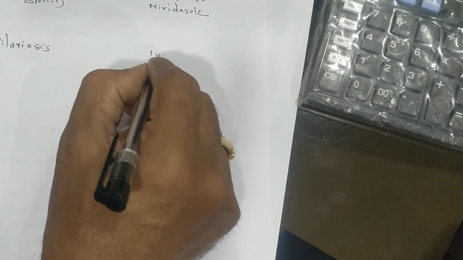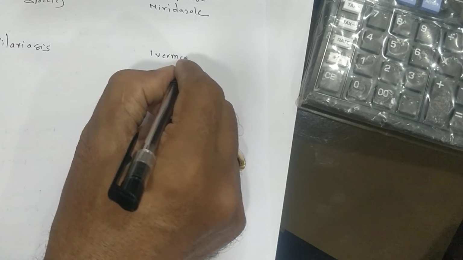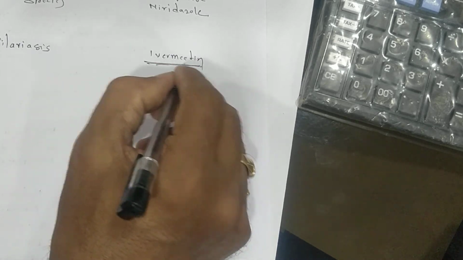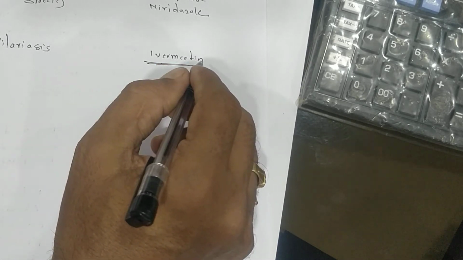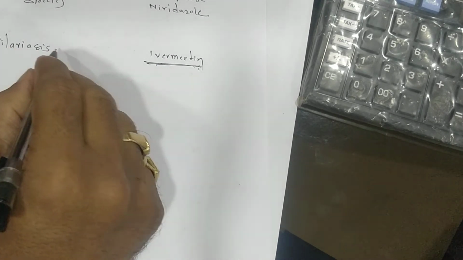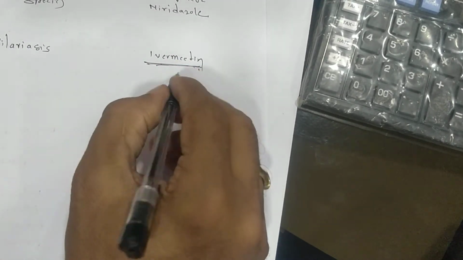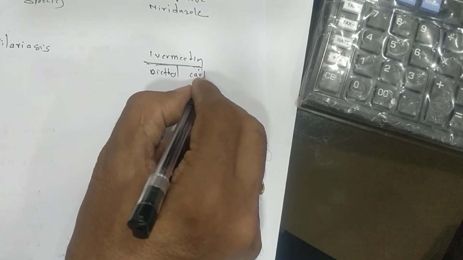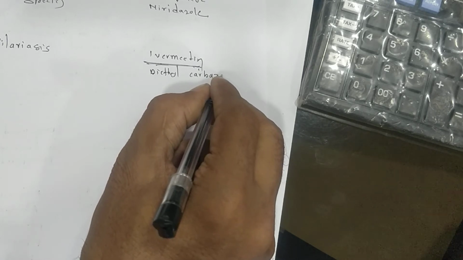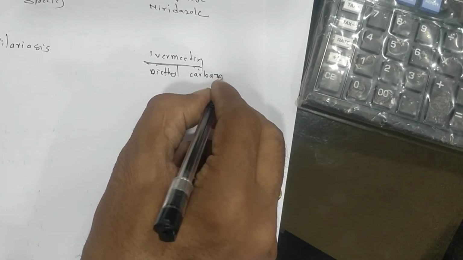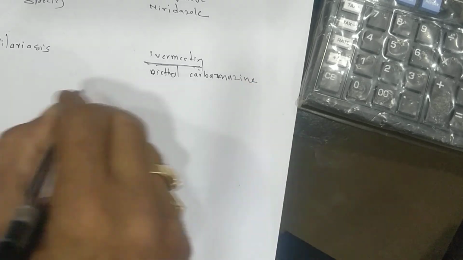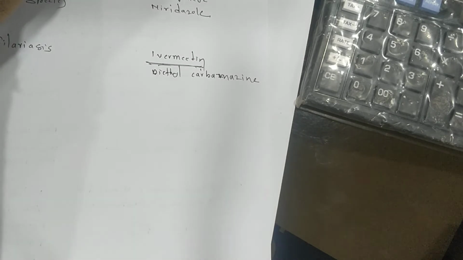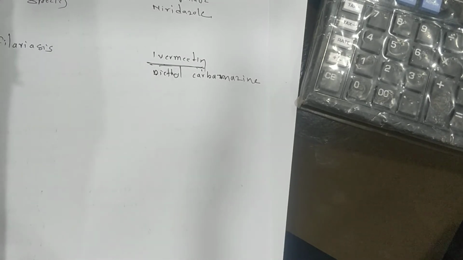Drugs used: ivermectin. Now you can use in corona ivermectin, doxycycline in combination. You can take ivermectin, doxycycline, azithromycin. The drug for filariasis is also diethylcarbamazine. These are the choice of drugs used in the worms. Okay.